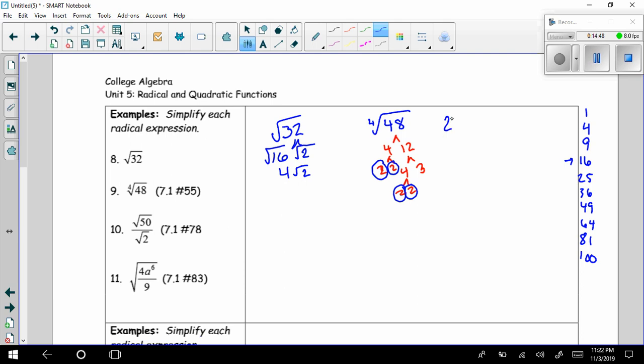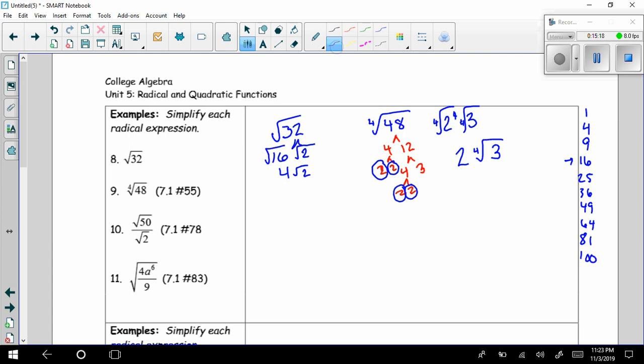And we can rewrite this now as 2 to the 4th times 3. And even if I had an extra 2, I would just write it 2 to the 4th. Because now I can take the 4th root of that and the 4th root of that. Well, the 2 to the 4th is absolute value of 2, which is just 2. This one, make sure the index stays the same. It will never change. Fourth root of 3 comes down.